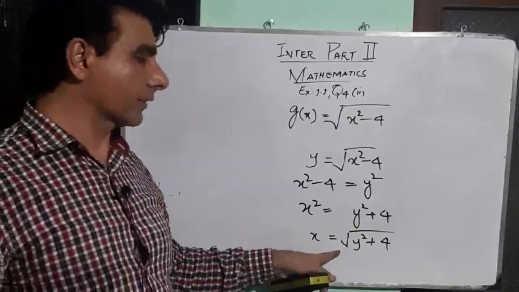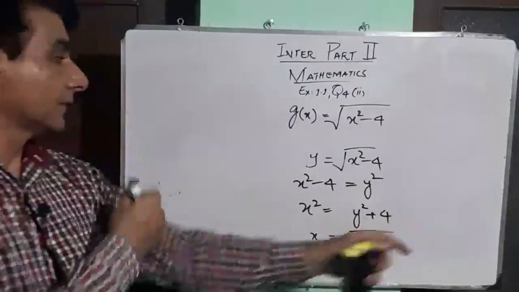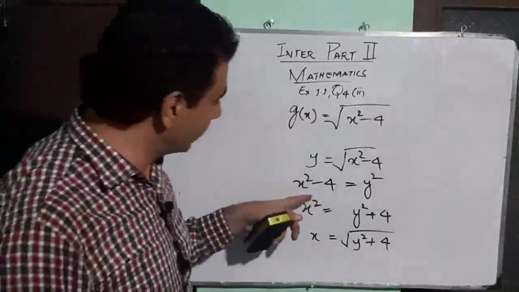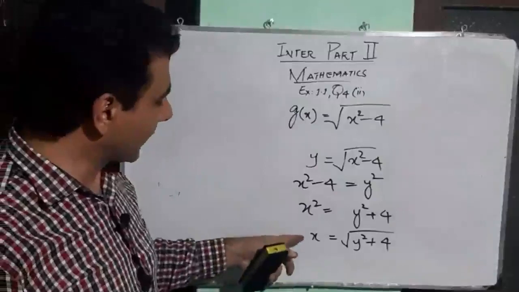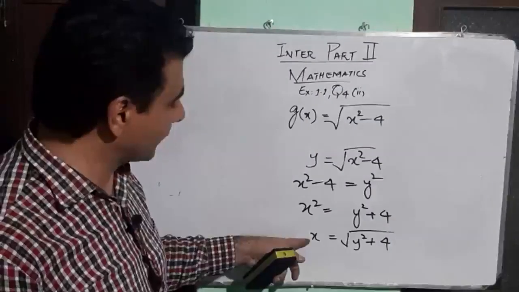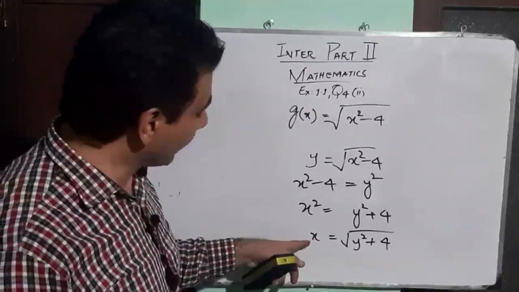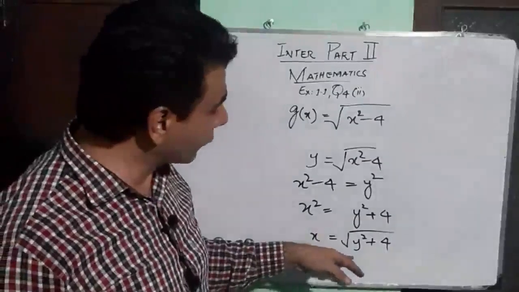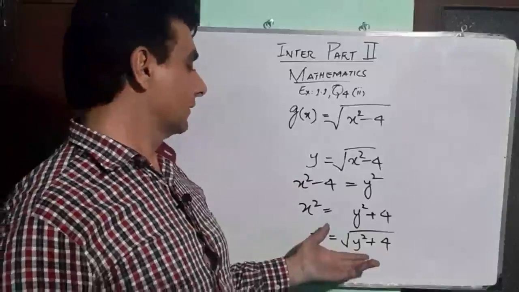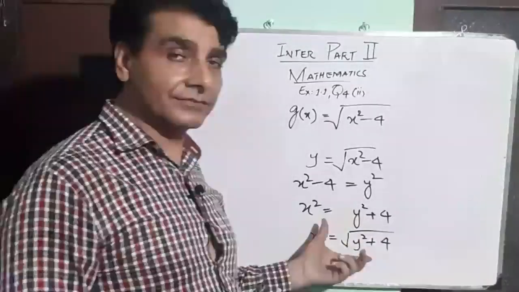Here again it has become a radical function. Now by exchanging y with x, we have expressed this function in terms of x. So now we will find the domain of this radical function. It will be the range.